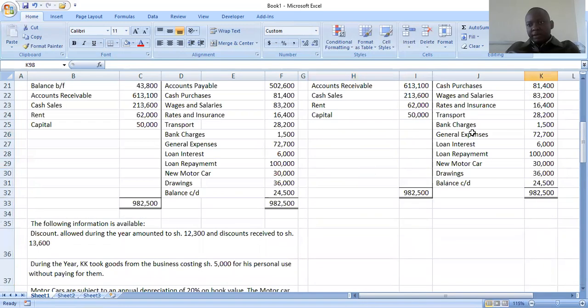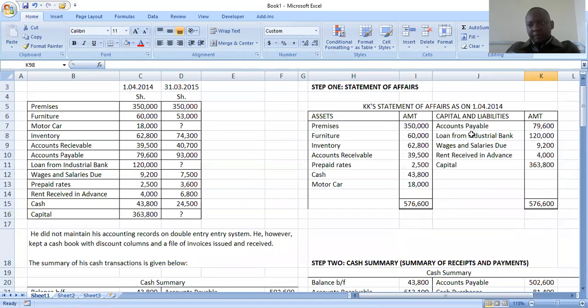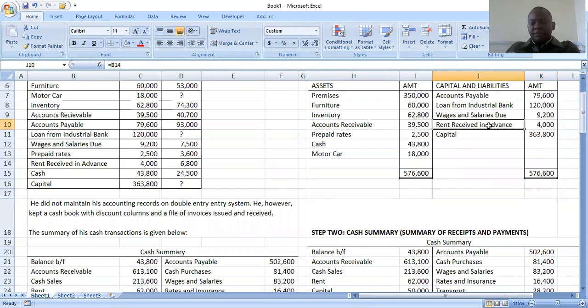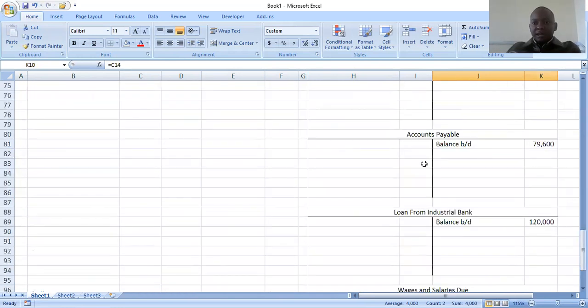Then we have rent received in advance. This is an income received in advance. Incomes received in advance should always be treated as current liabilities. As such, they have a credit balance.